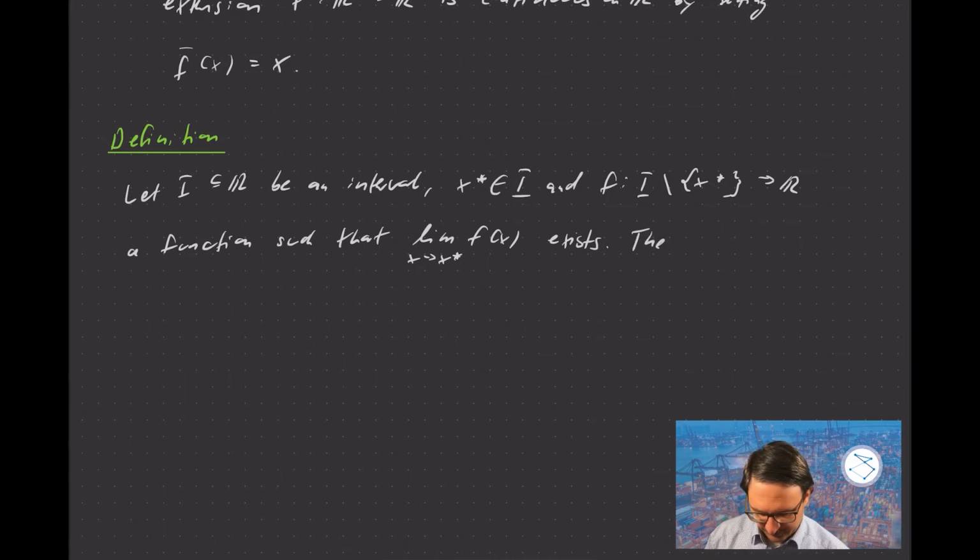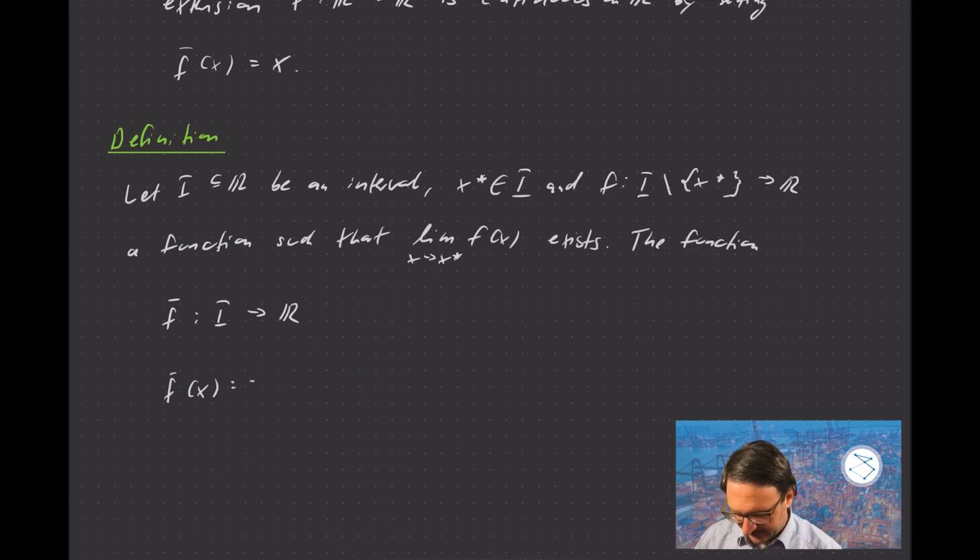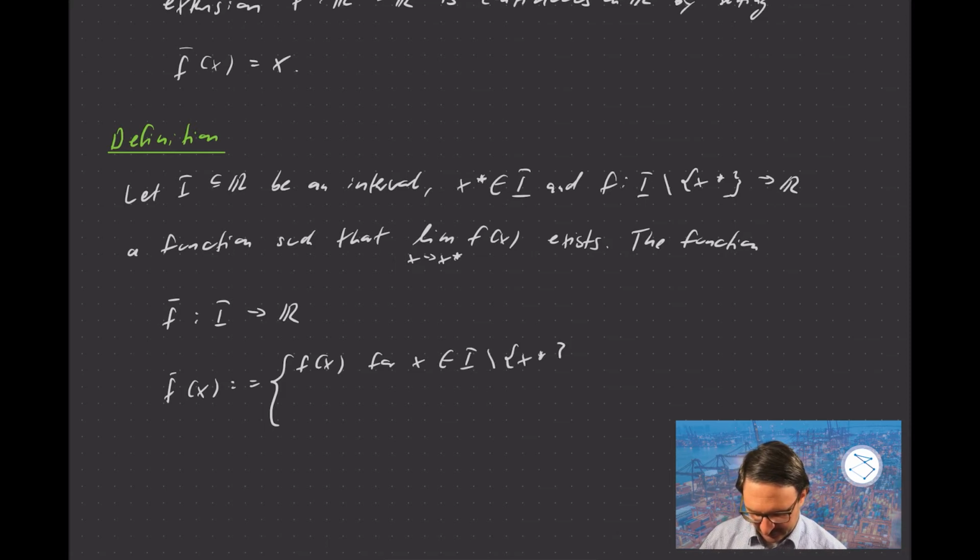So the function f bar defined on the interval I with no exception anymore, codomain R, defined as either f of x for x in I with the exception of x star. So the function is identical to f of x for all the points that are in the domain of f of x.